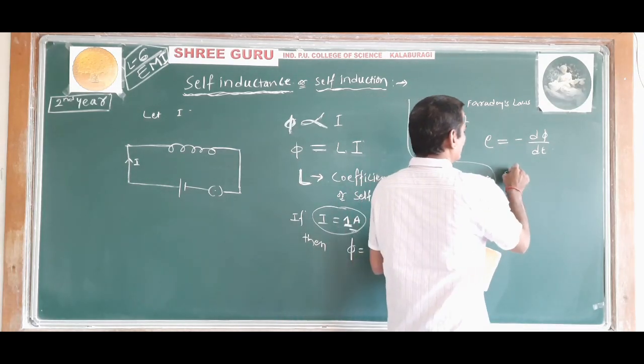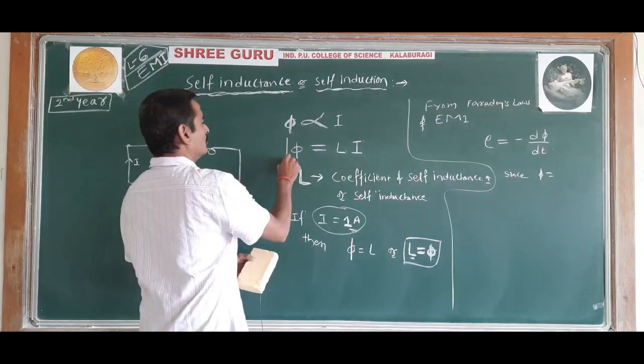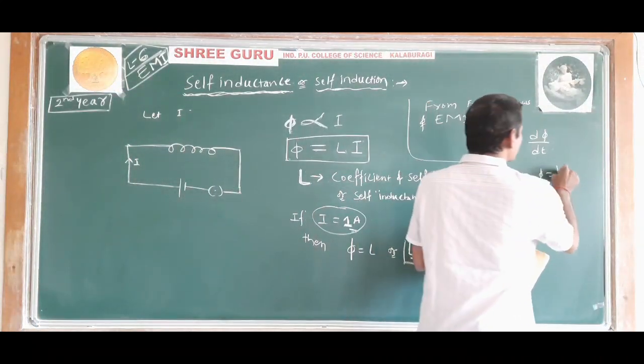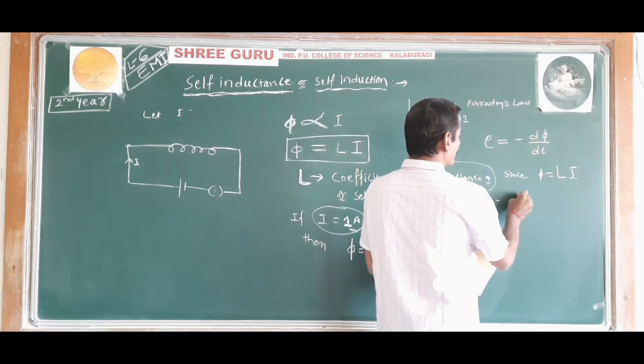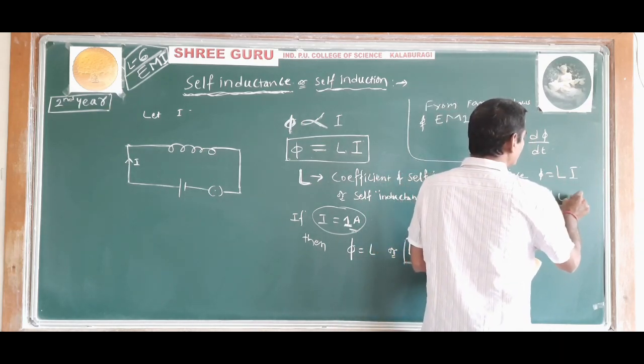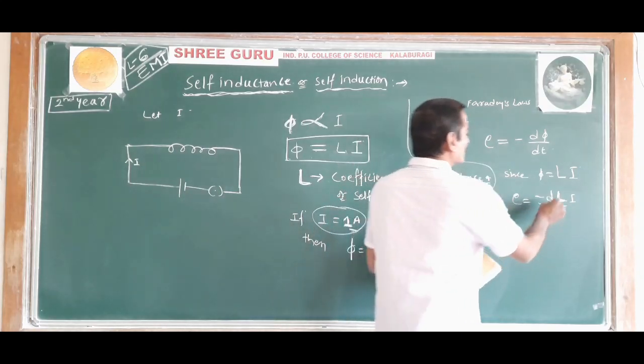Now since phi is equal to L into I, this is the formula, therefore E is equal to minus d by dt of L into I. And L is nothing but a property of the coil, that is the self-inductance of the coil, and it will remain a constant.